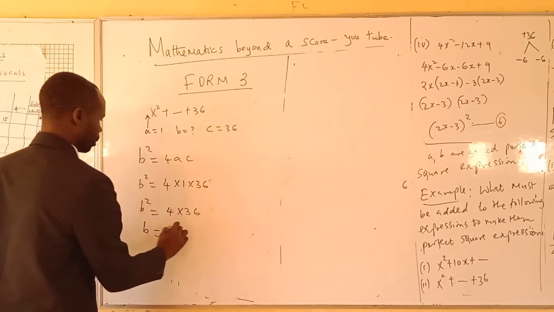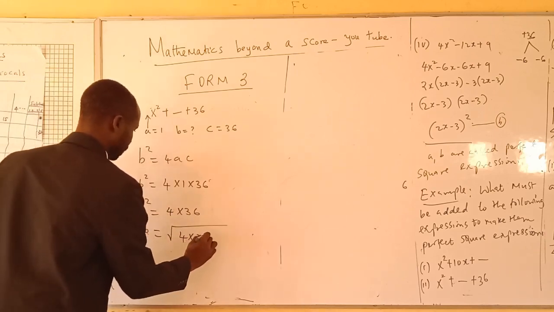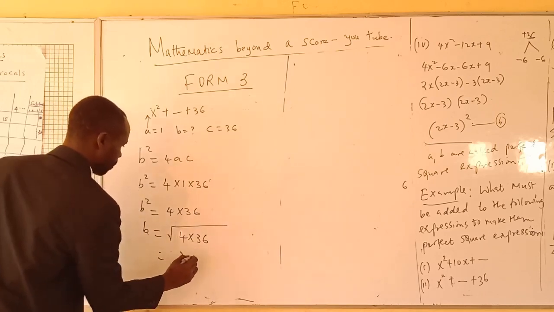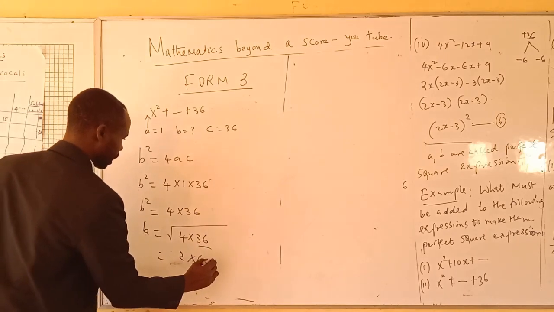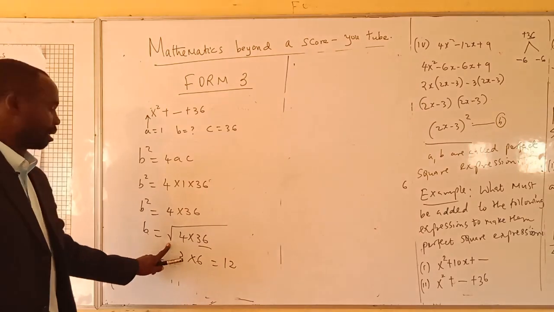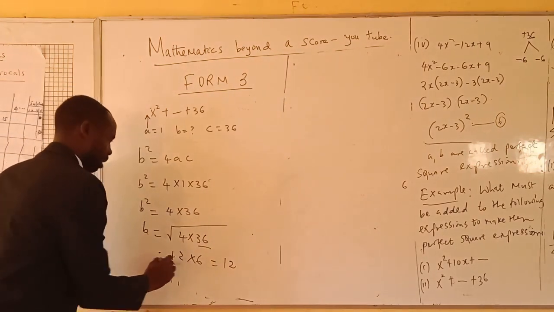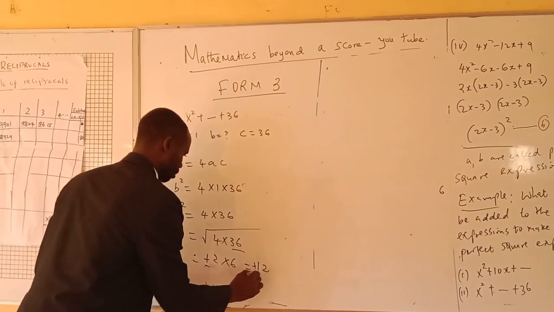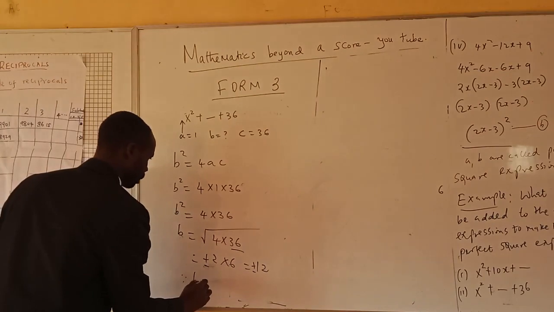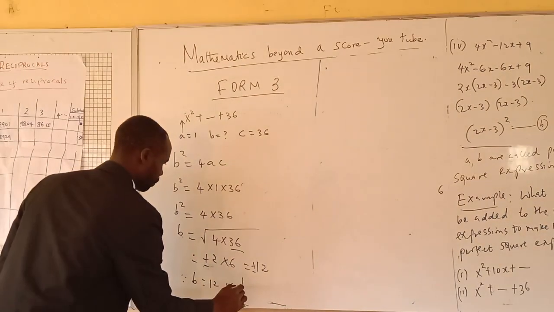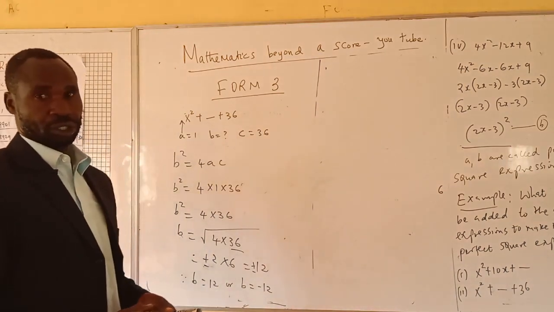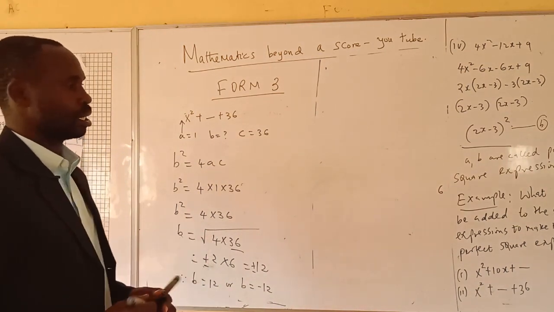B equals the square root of 4 times 36. The square root of 4 is 2, multiplied by the square root of 36, which is 6. This is 12. In Form 3, when you find the square root of a number, the answer is plus or minus. So there are two answers: B equals 12 or B equals negative 12. Please, my students, write that or you score 0. You must write plus or minus.